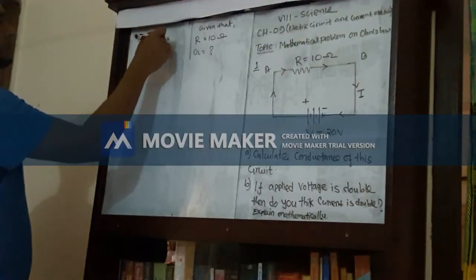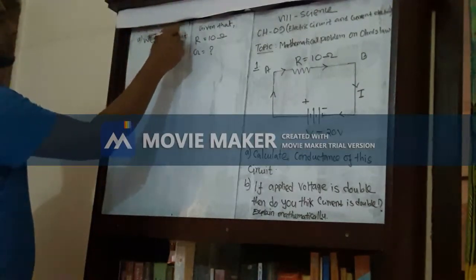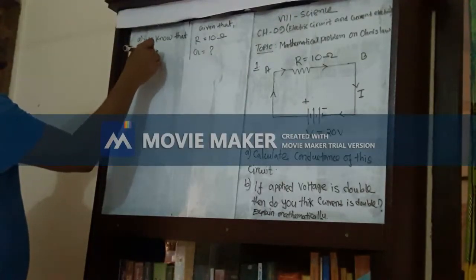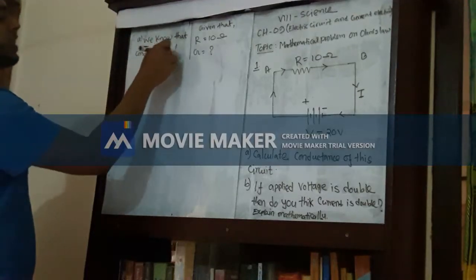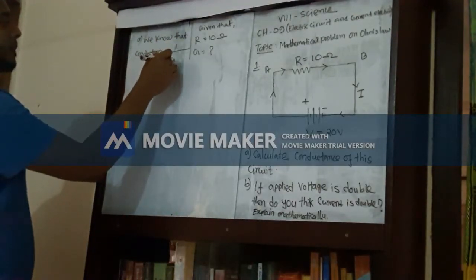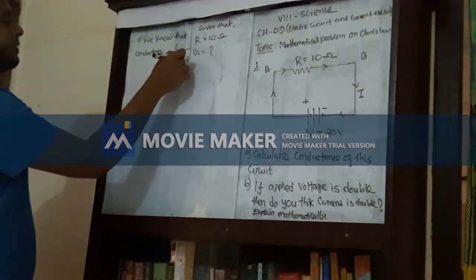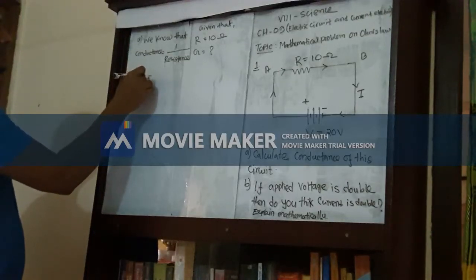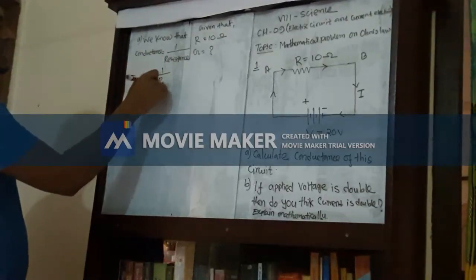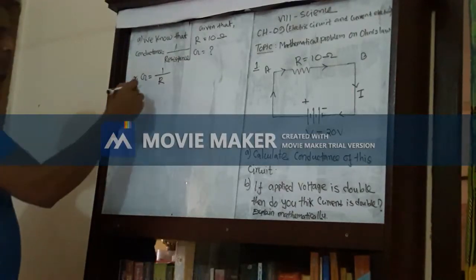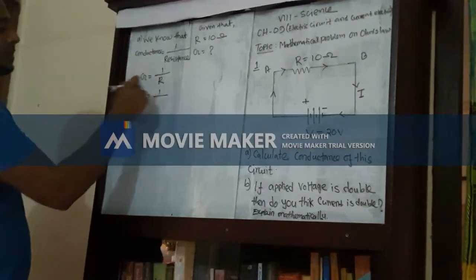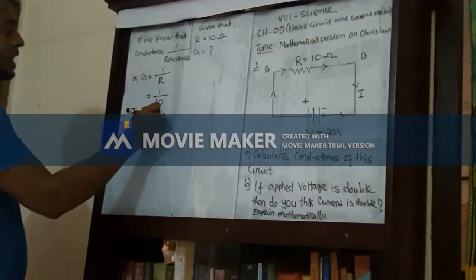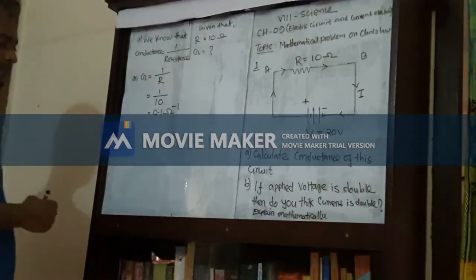We know that conductance equal to 1 by resistance. Now, conductance is replaced by G, resistance is replaced by R, so G equals 1 by R. If I put the value of R, then it becomes 1 by 10, that is 0.1 ohm inverse.